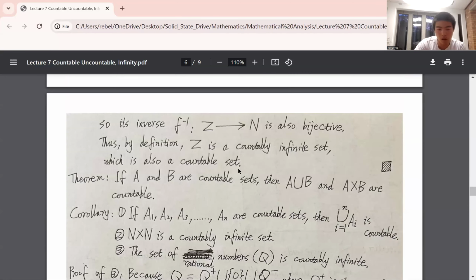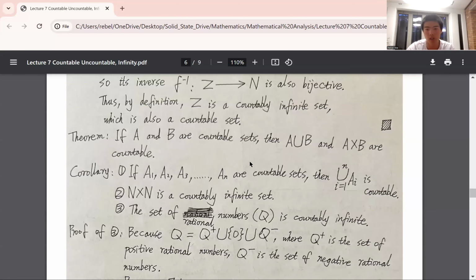And there are some interesting ideas regarding the countability of sets, cardinality. A theorem says that if A and B are two countable sets, then A union B and A times B are also countable. I do not provide a proof for this, but it does have a proof.